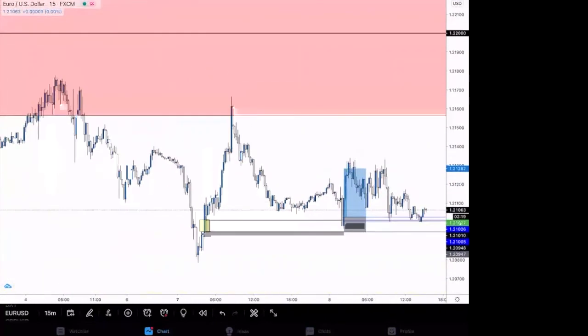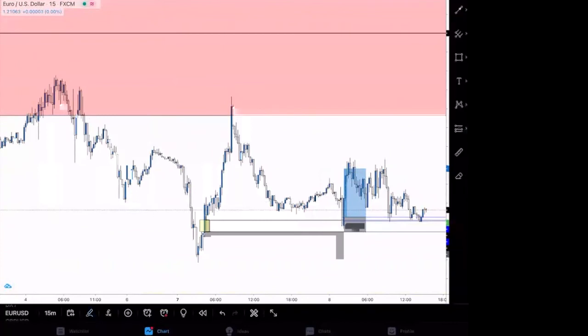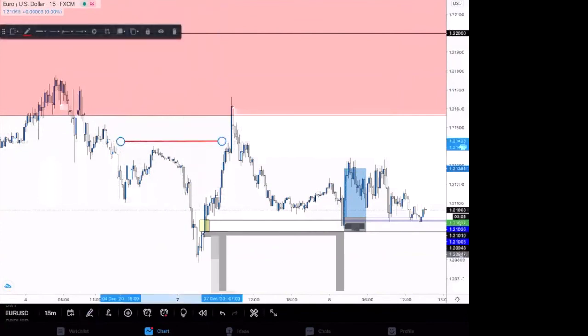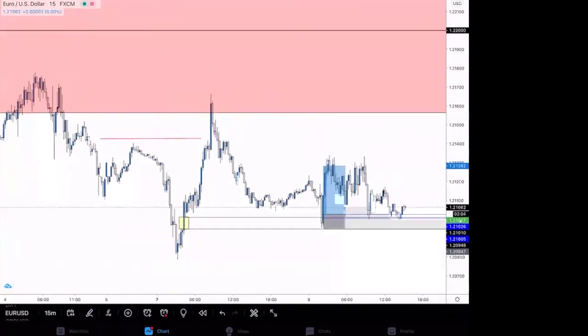You have the breaker structure on the left side. So this is why we played it, because it gave us all the signs. That doesn't necessarily mean it's gonna give us everything that we want, but this is what we want to see. Sometimes the market just does what it wants to do, but you had the breaker structure there, right? So now it has to come back and fill up this imbalance.